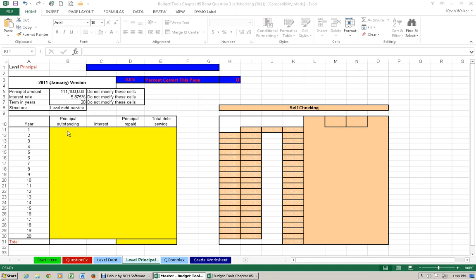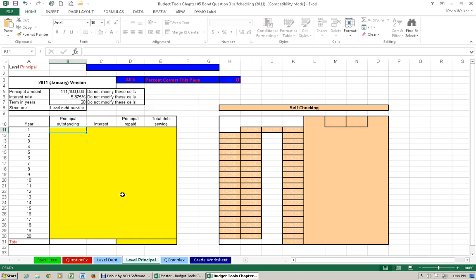All right, level principal. First, principal outstanding. In year one, it's just what you started with. Now, remember, I keep telling you that when you set something like this up, you spend time and effort doing the calculations. If you reference cells rather than the actual cell value, then if you want to do this for something else, all you have to do is plug in different numbers and hit F9 and allow this to recalculate.